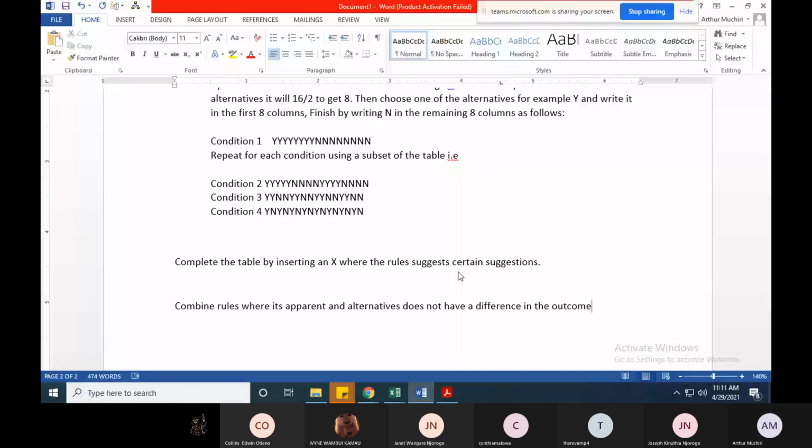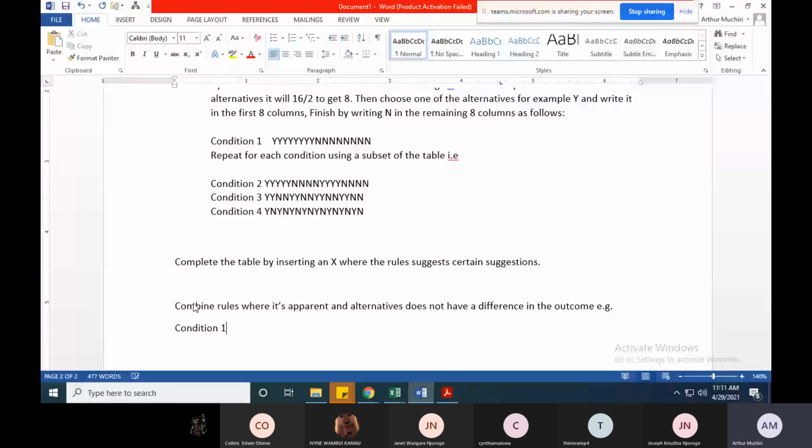E.g., of course, an example of this: if condition 1 has how many alternatives?